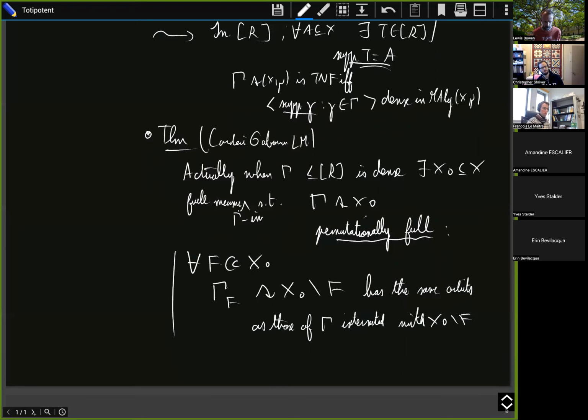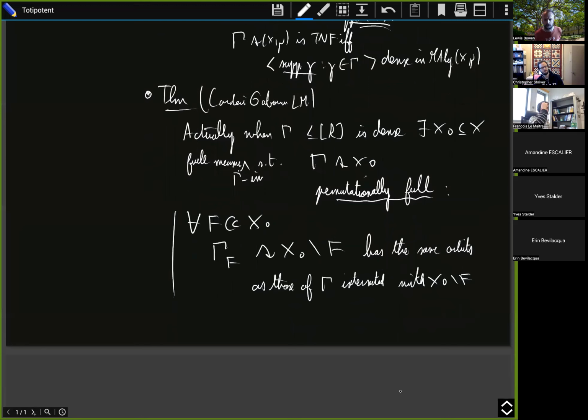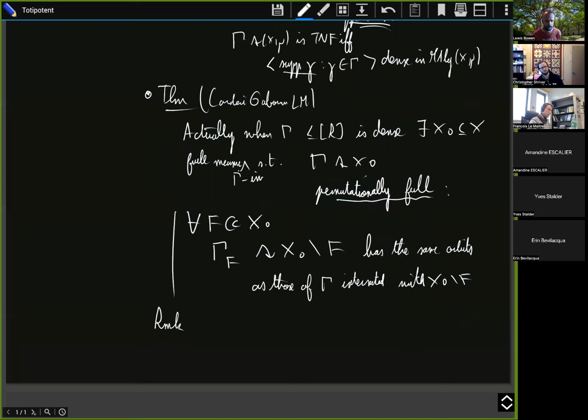So it's a kind of strengthening of high transitivity. But the remark to make is that permutationally full implies highly transitive on every orbit, and also totally non-free.